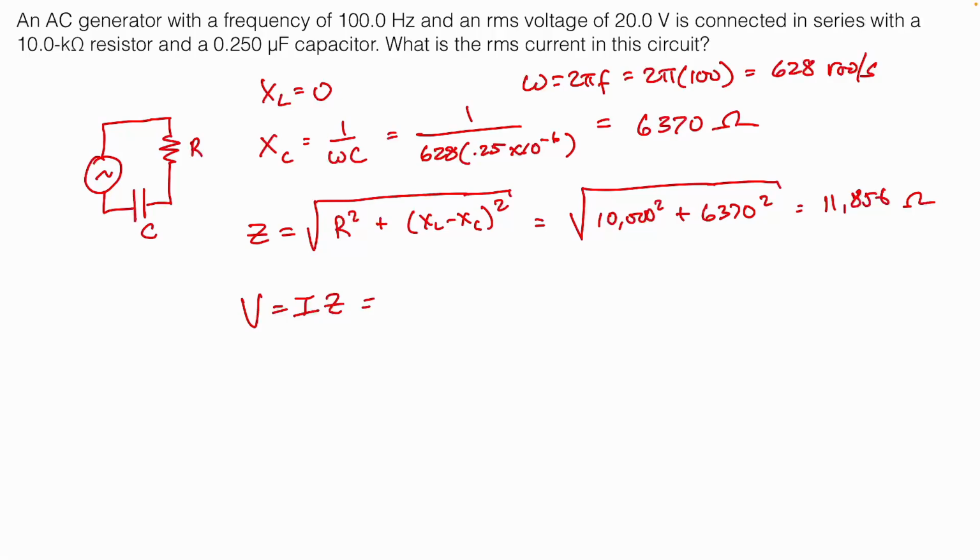That's awesome. Okay, so to solve for the current in this circuit using Ohm's law, it's going to be voltage divided by resistance, but instead of the equivalent resistance, it's going to be the impedance of this circuit. So what have I got? My 20 volts all over 11,856.